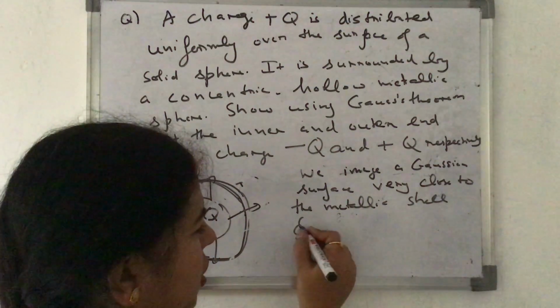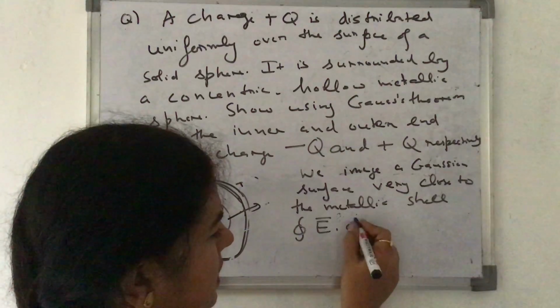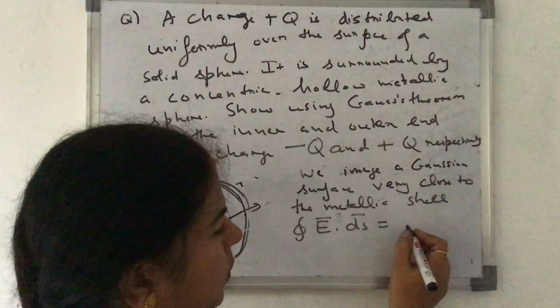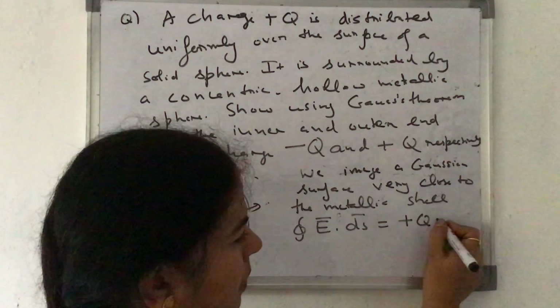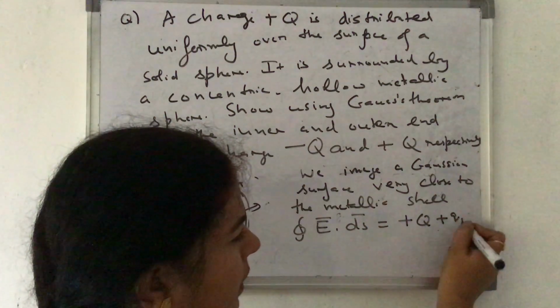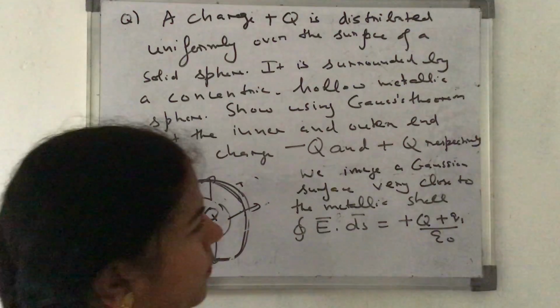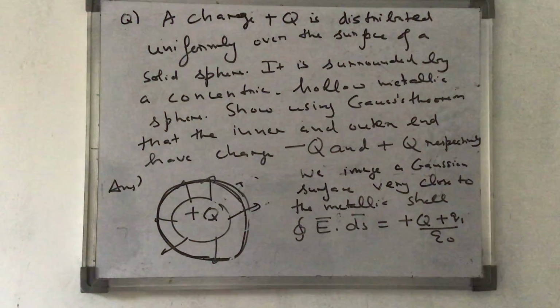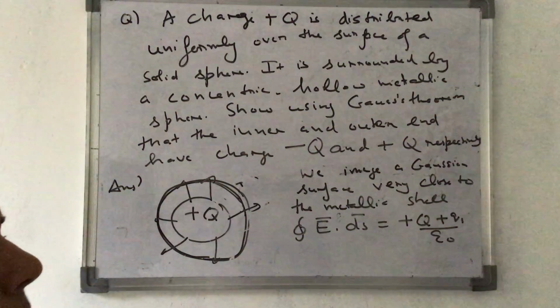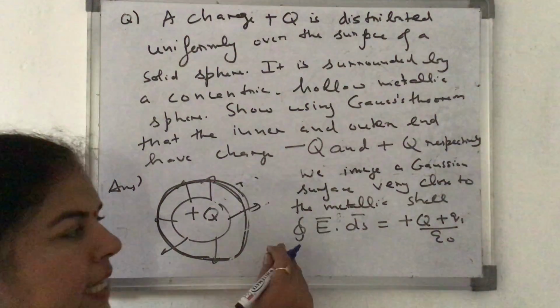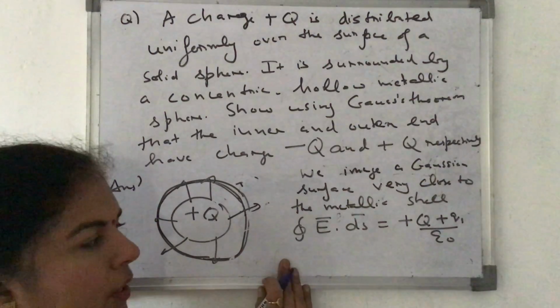Then integration of E dot ds is equal to the charge enclosed, plus Q plus Q1, divided by epsilon naught. But inside a metallic shell, what is the electric flux?